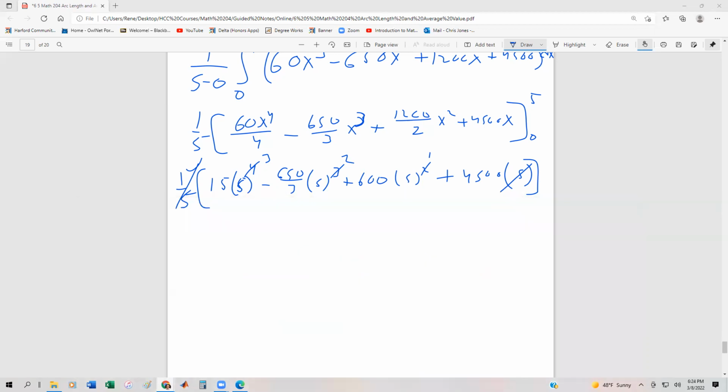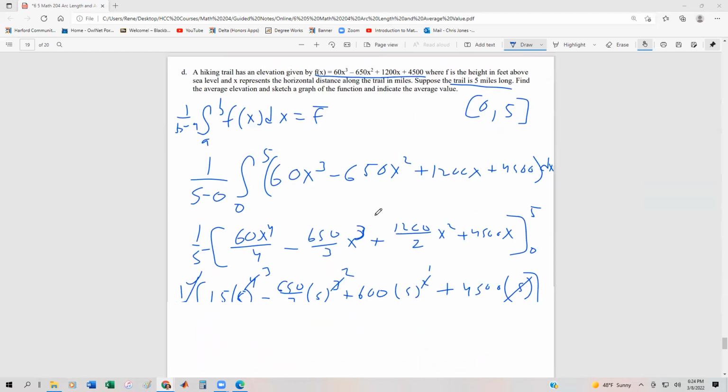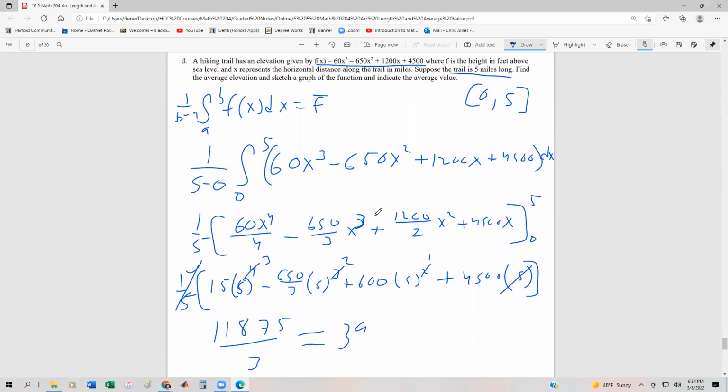So that's going to be our 11875 over 3. And if we approximate that just to see what it works out to be, because obviously we want to make sure that it's somewhere within the function when we plot it, that's going to work out to be 3958.333 feet.